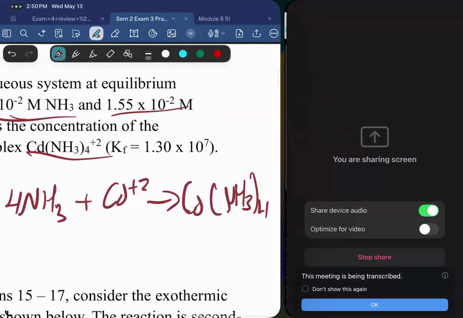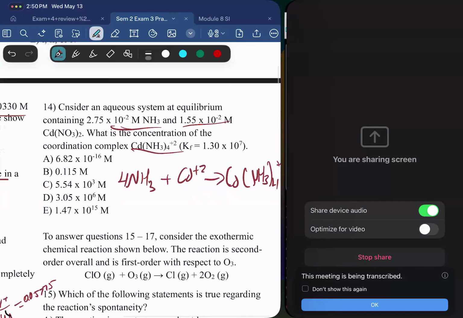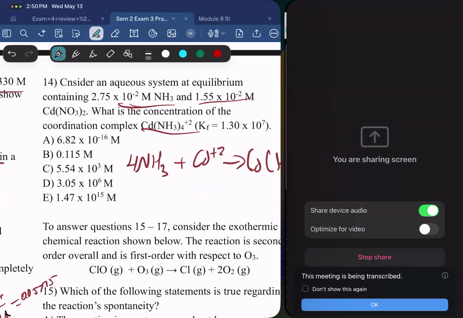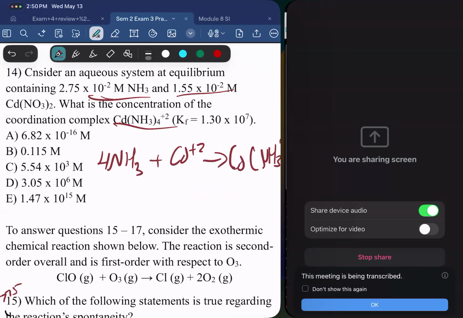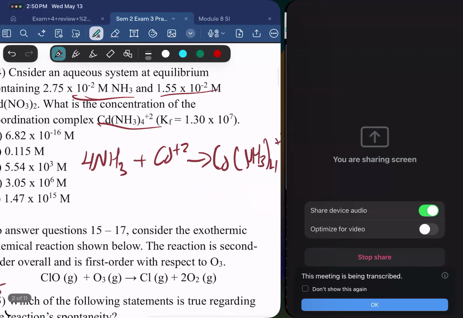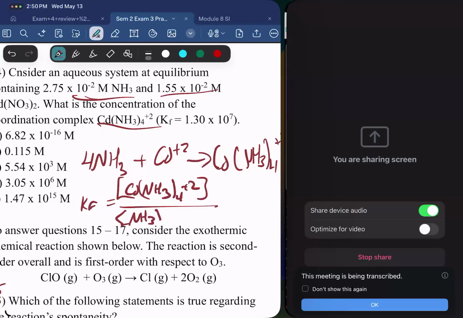Okay. And so we don't need to do an ice chart, I just wrote out this formula for our sake. But what we need to do after this is plug in the values. So Kf is equal to product over reactants. So Cd(NH3)4 plus 2, the concentration of that, over NH3 to the fourth and then Cd plus 2 right there, right?